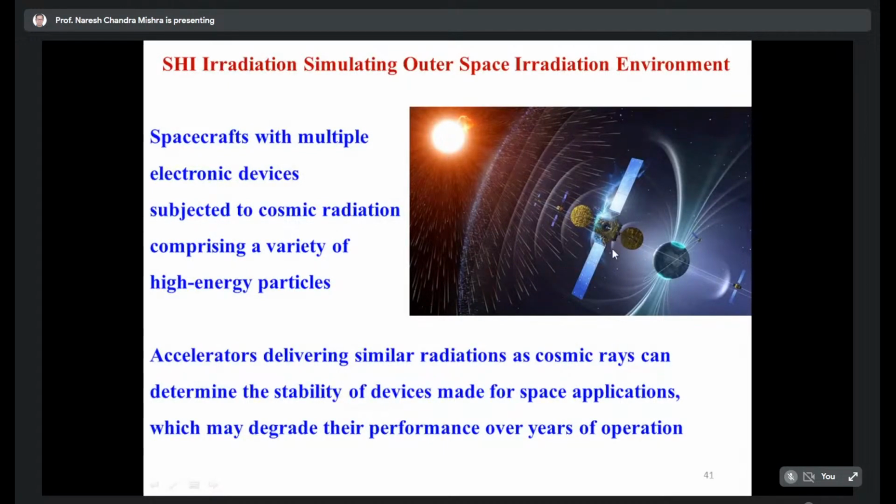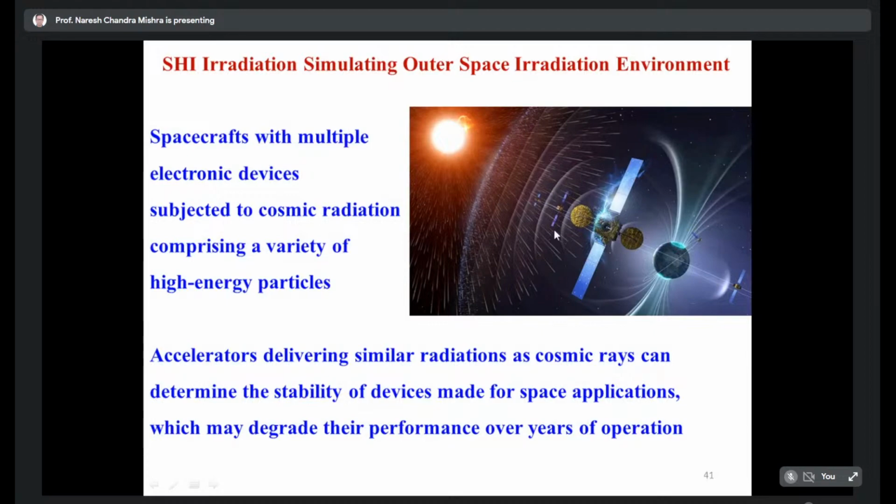To test whether a device will withstand the outer space conditions, you don't send a satellite for that. That's like developing a medicine and directly trying it out on human beings. You don't do that. You try it out on smaller forms of life like rats, frogs, and then if you succeed, then you go to human beings.